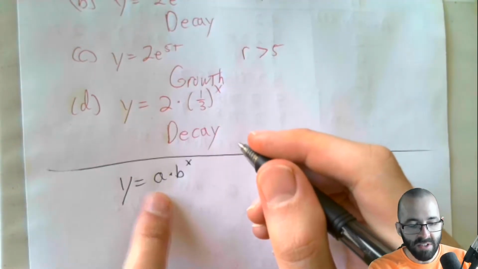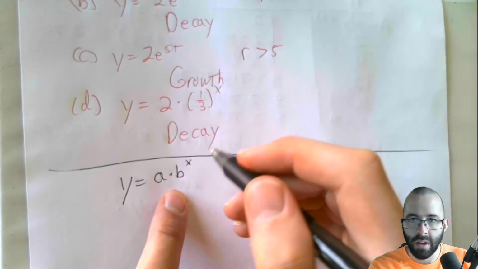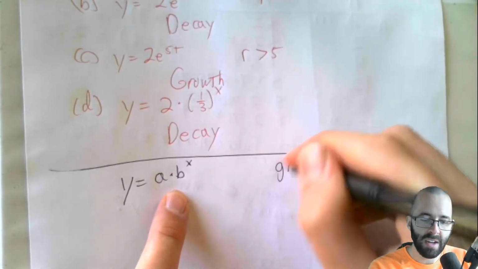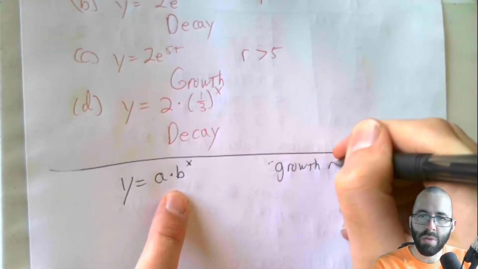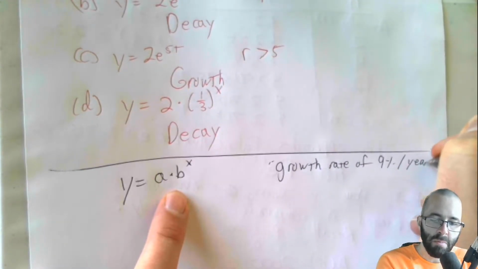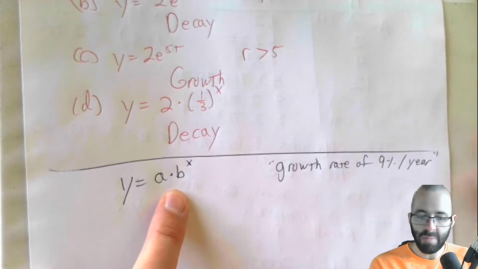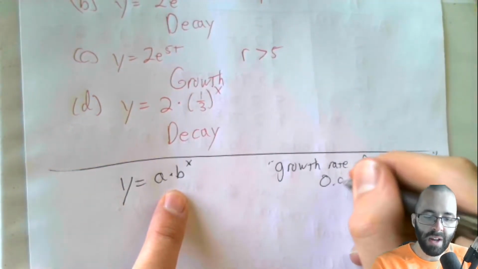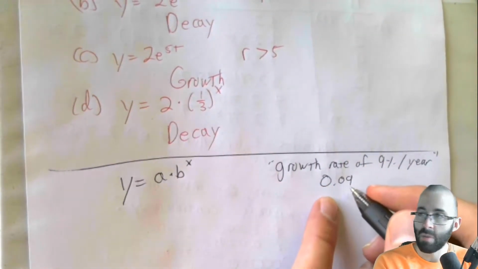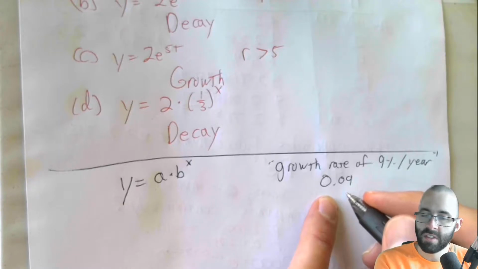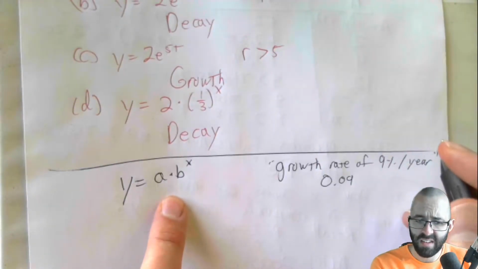Then we have A as our starting value and B as our growth rate. Be very careful, because the problem says growth rate of 9% per year, but B is not 9. If B were 0.09, that's smaller than 1, and if it's smaller than 1, that's a decay rate.